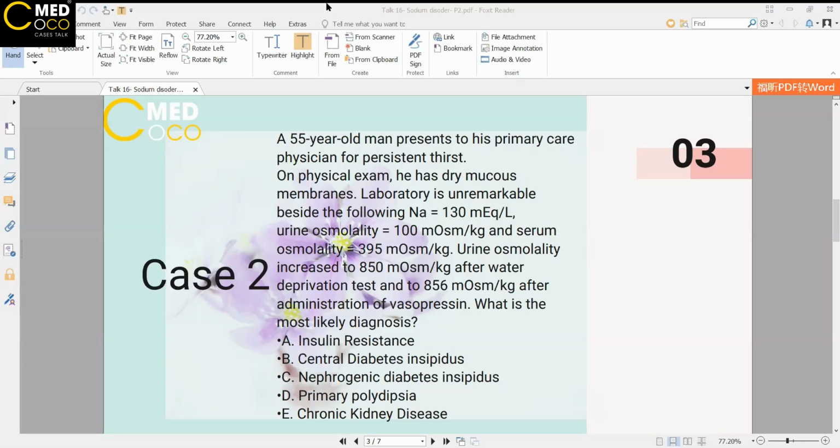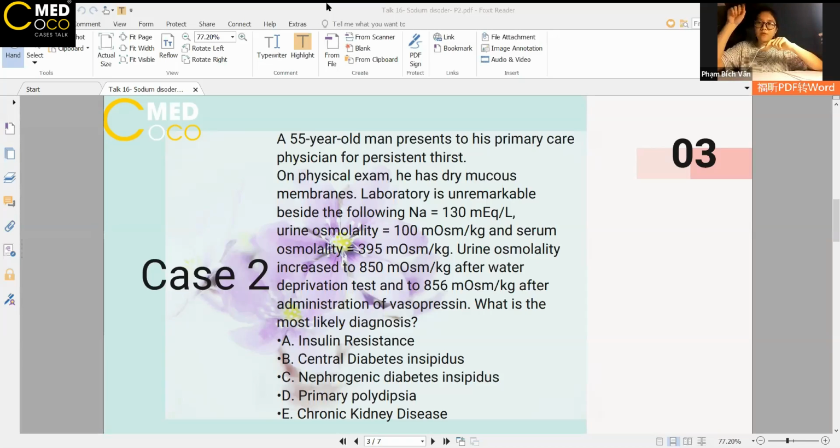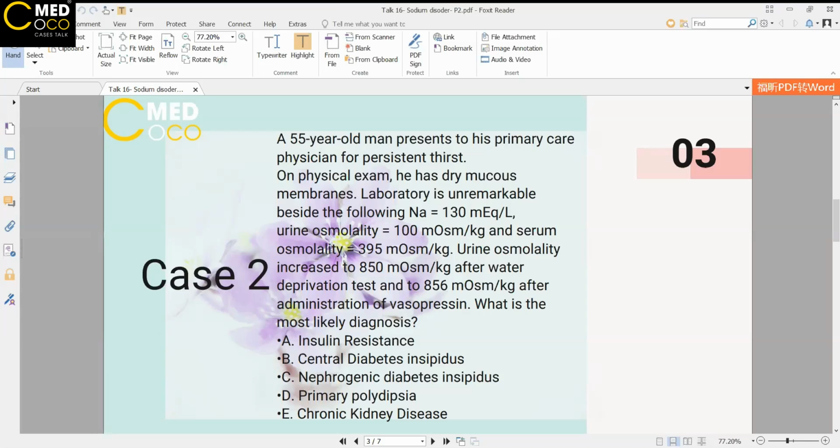After administration of vasopressin, the urine osmolarity goes up.